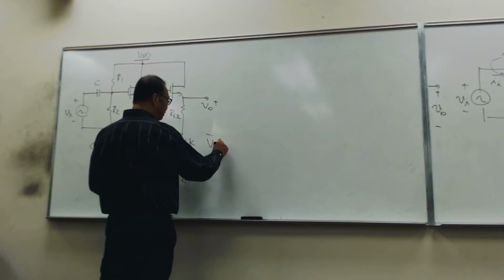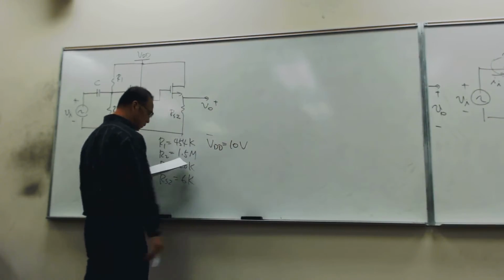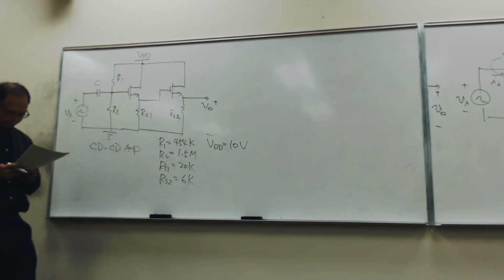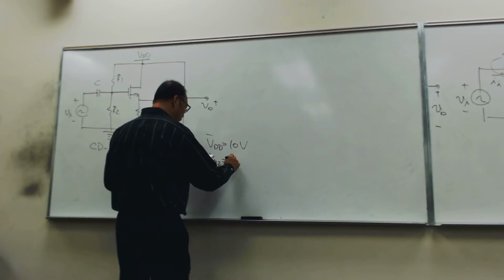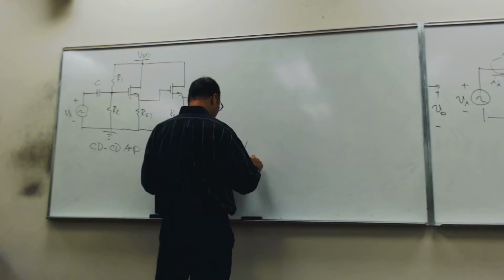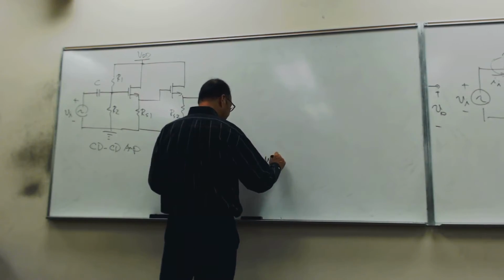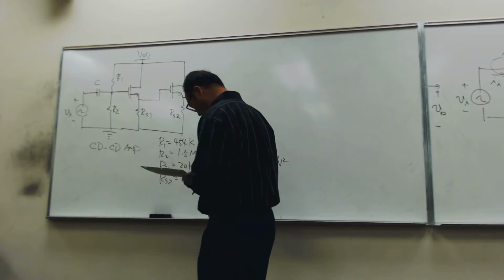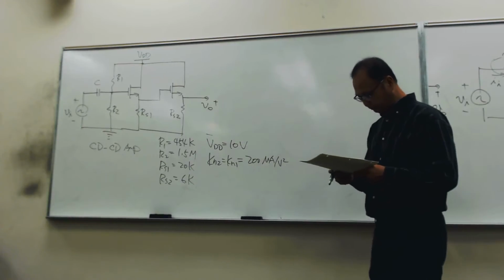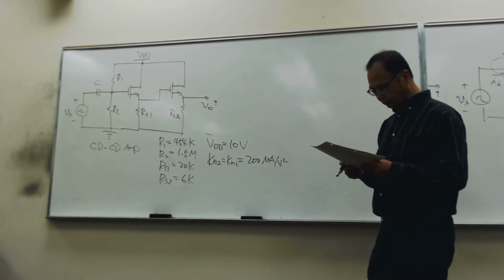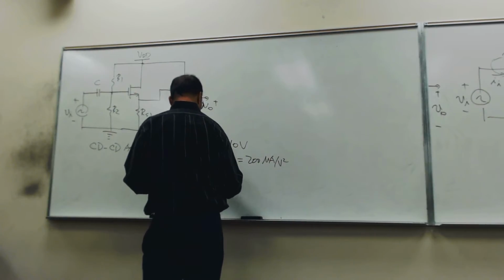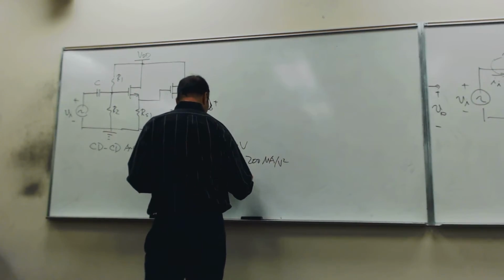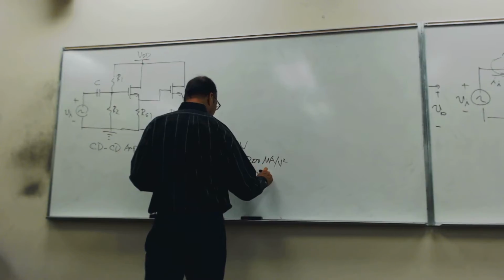VDD, the supply voltage, is 10 volts. Kn2 equal to Kn1 equal to 200 microamp per volt square. The threshold voltage is 0.8 volts.